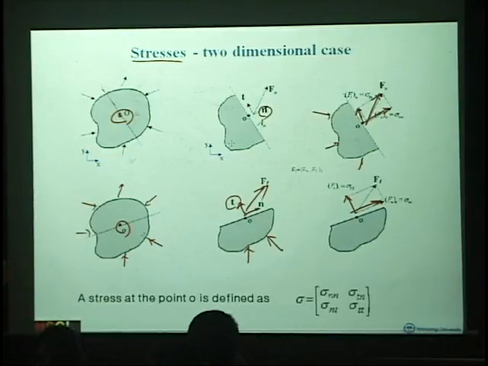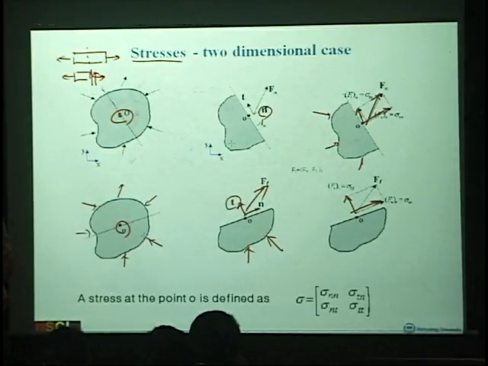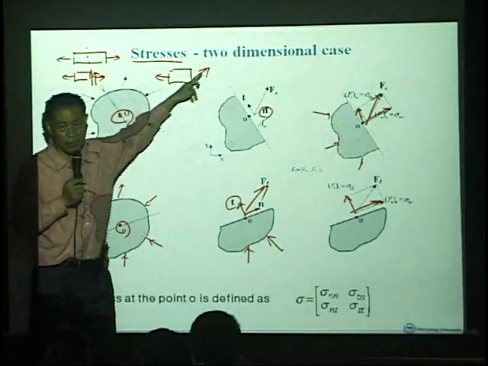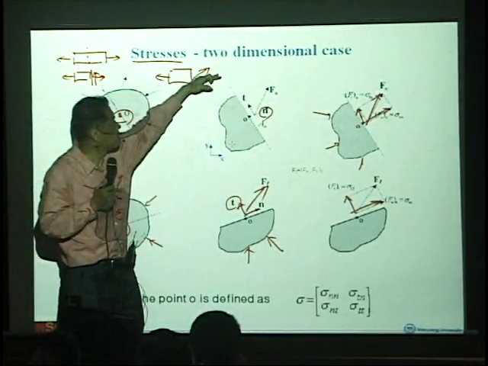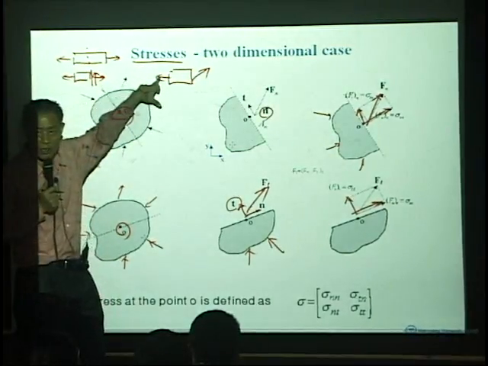In the one-dimensional case, if we cut here, if we apply force like that, then there is always only internal force in the normal direction. That's what we have considered. We never consider tangential directions, because we know that the internal force will not be like that. The internal force will always be in the same direction as this one, right?